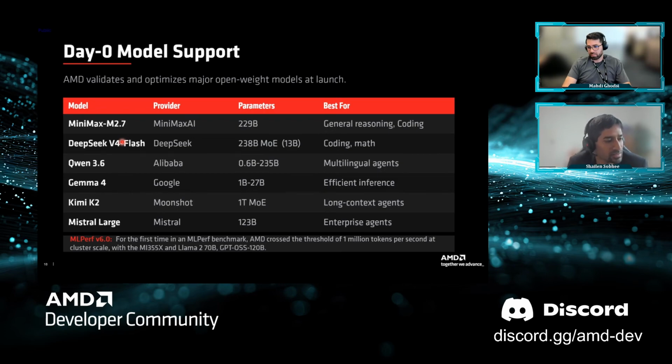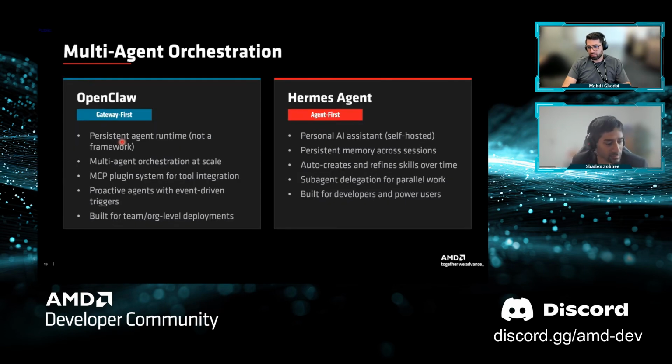Now let's talk about the agentic AI side of things and the two popular agentic, quote-unquote, harnesses. OpenClaw and Hermes Agent are by far right now the most popular open source agentic AI tools out there.